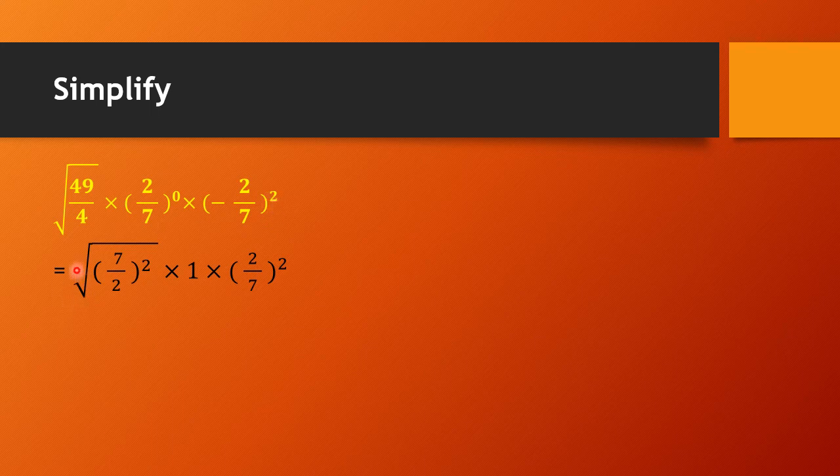After that, we will remove the square root with power 2 and put the absolute value of 7 over 2 times 2 power 2 over 7 power 2. After that, the absolute value of 7 over 2 equals 7 over 2 times 4 over 49. Then we will simplify it. The result will be 2 over 7.